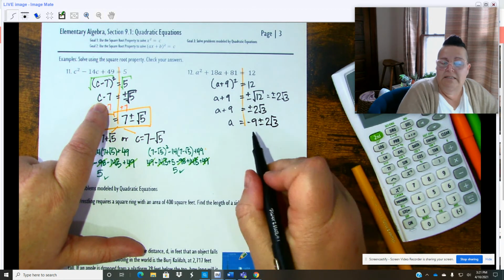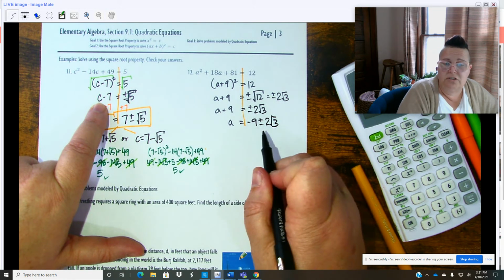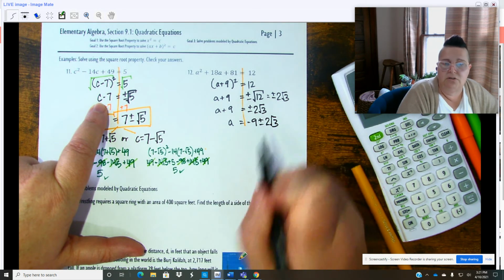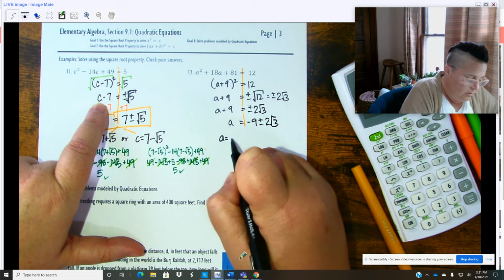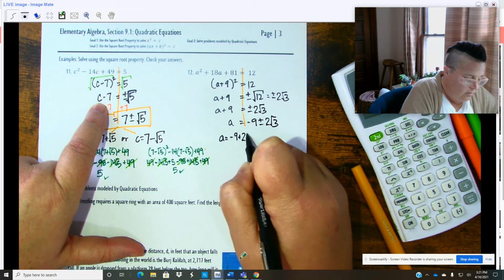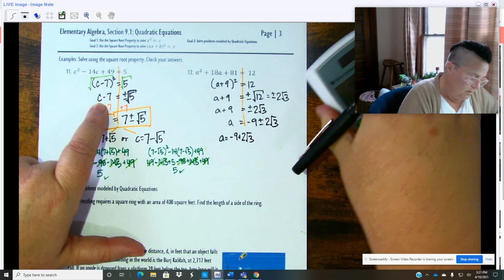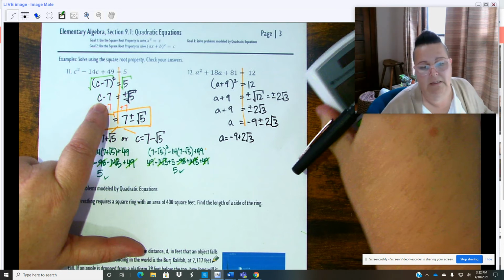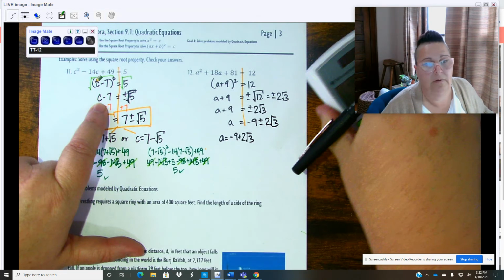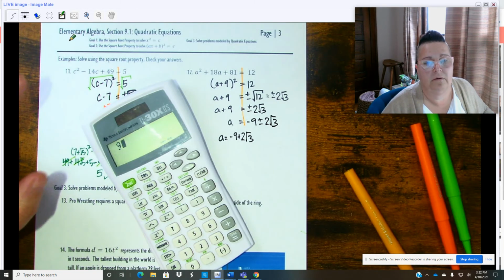Beautiful. This is still two answers to check. Negative 9 plus 2 square roots of 3, which, if I needed a decimal, I'm going to clear this out. We glitched again. There we go.